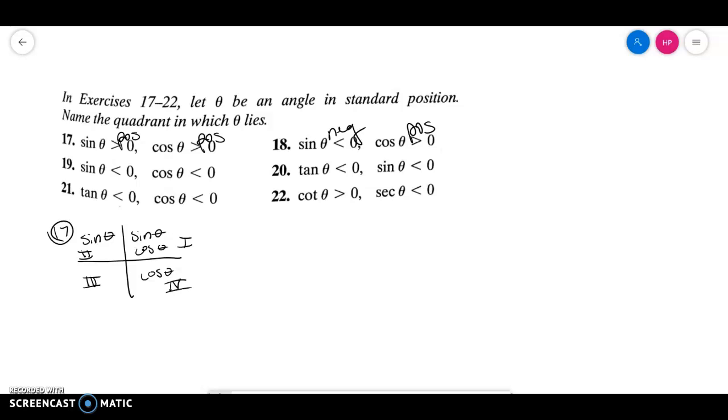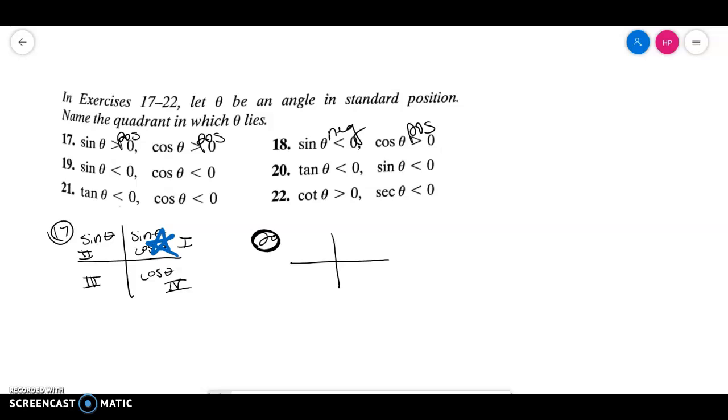So when both are satisfied, the quadrant where this angle would be has to be quadrant 1 is the winner, because that's really just where the overlap is. That's where both of these things happened that I'm agreeing to. So sine and cosine again for 18 and 19. So let's try something like number 20 with a reminder about some of these.